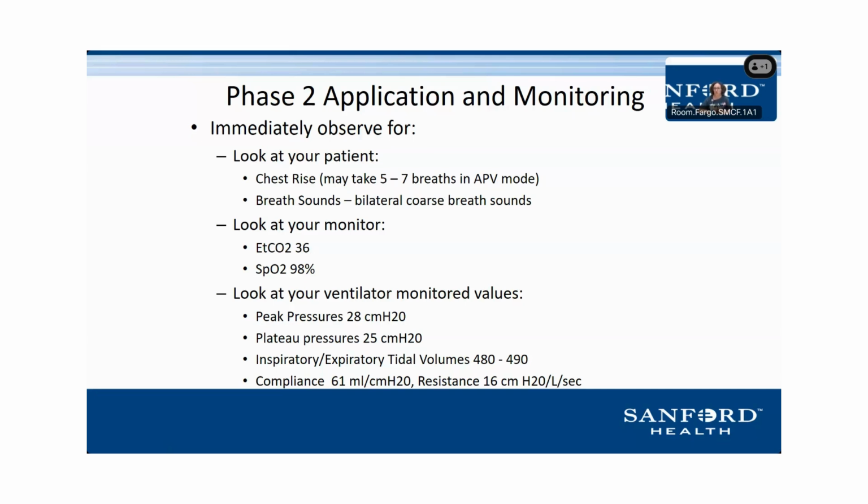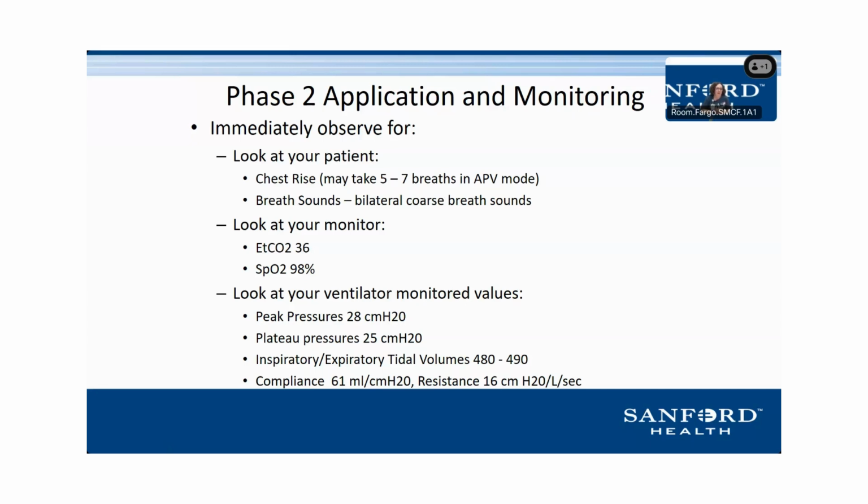Again, we told it that we wanted 500, but the ventilator in this situation is going to call that close enough. Our ventilators try to calculate plateau pressure, and we're going to talk a little bit about plateau pressures in a little bit. But that peak pressure and that plateau pressure are not alarming to me. That looks good.